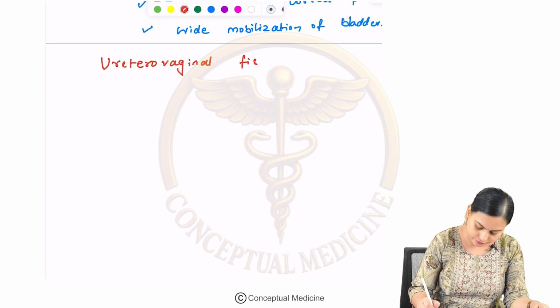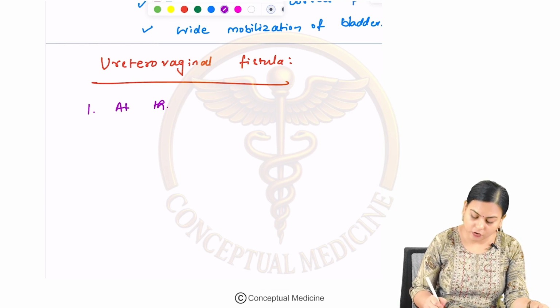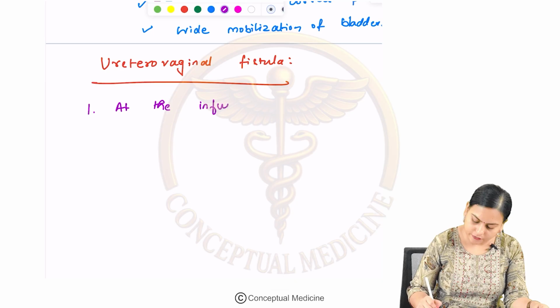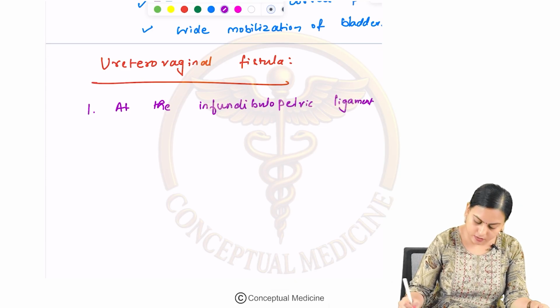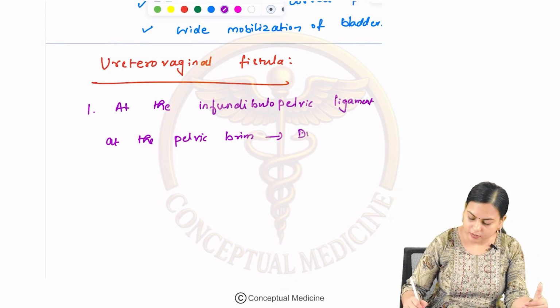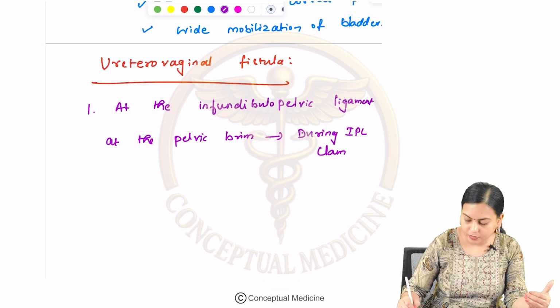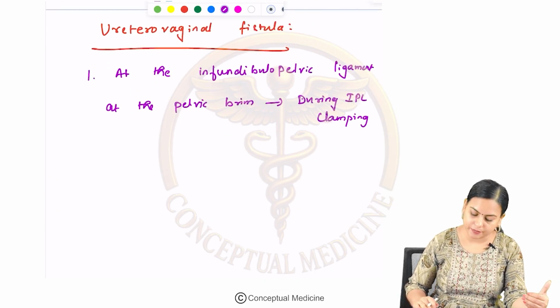So, this fistula can occur at the level of infundibulopelvic ligament, at the pelvic brim, so during infundibulopelvic ligament clamping, okay, that is done during hysterectomy.